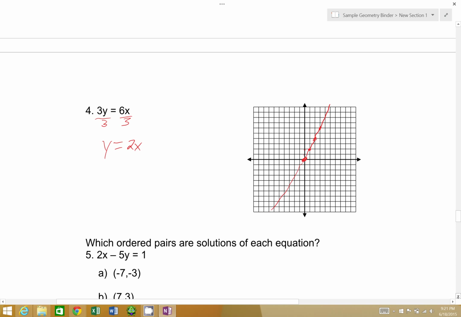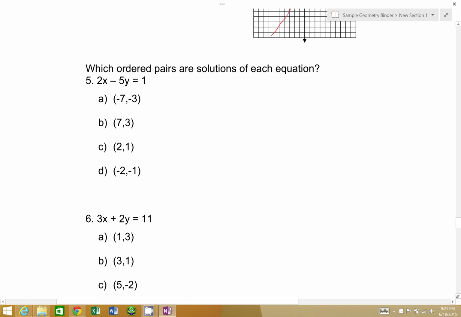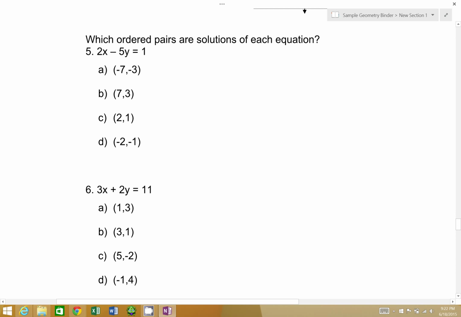Next, which of these ordered pairs are solutions of each equation. Basically, what you're going to end up doing here is you're going to plug in any of these numbers and see if it all comes out right. So, I have 2x minus 5y equals 1. So let's look if negative 7 and negative 3 work.